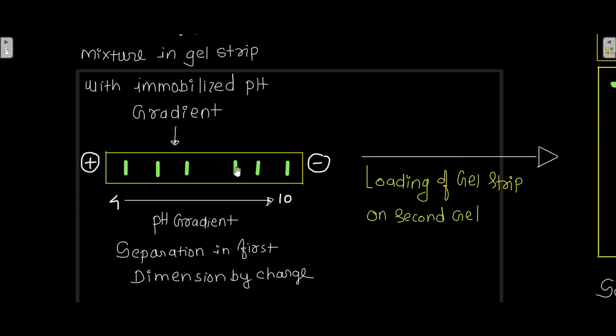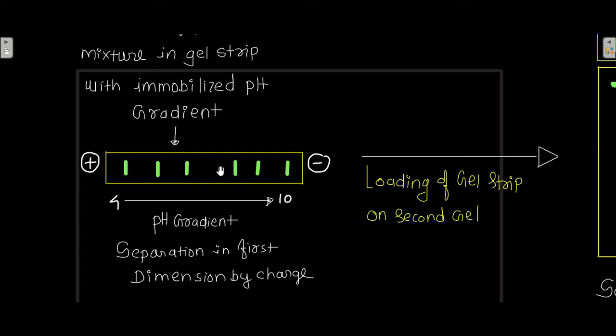On the basis of their isoelectric point, this is how a mixture of proteins is separated on this gel strip with an immobilized pH gradient. The protein in a sample becomes focused according to its pI value.